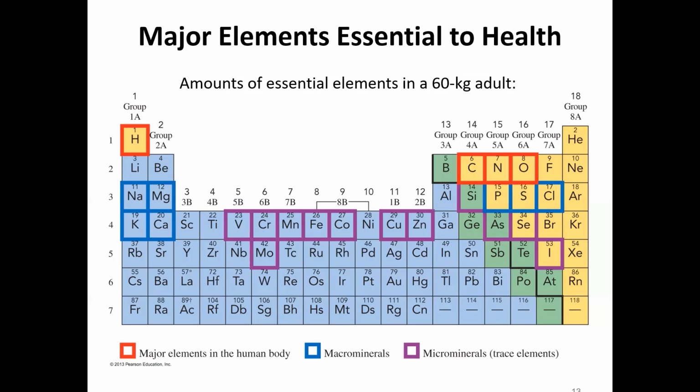And then what we call our micronutrients, these we only need in trace amounts. And these are really the metals, okay? We have cobalt, chromium, manganese, iron, copper, and zinc. And these four right over here, Fe, Co, Cu, and Zn, we will see a lot of that when we start talking about electron transports.